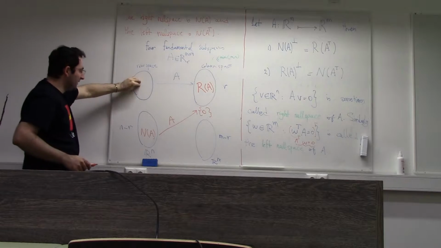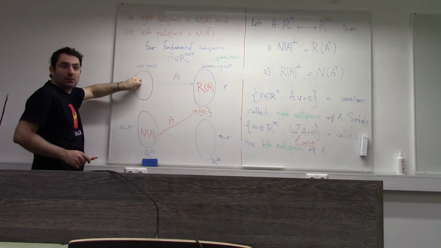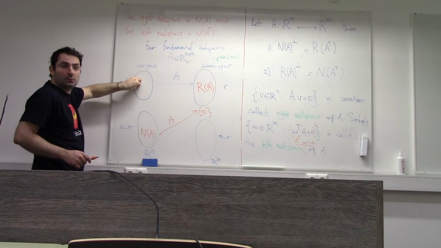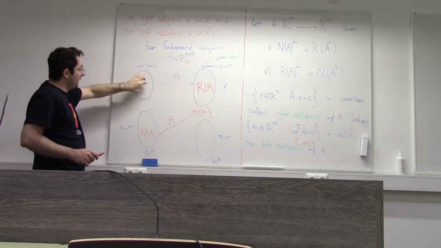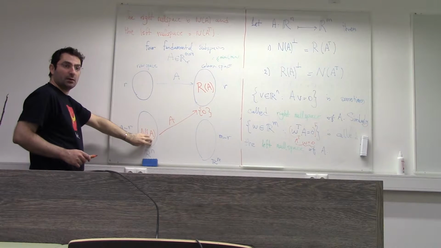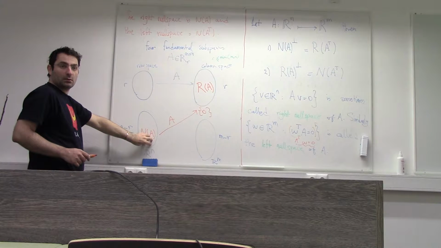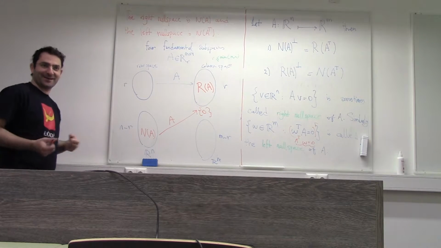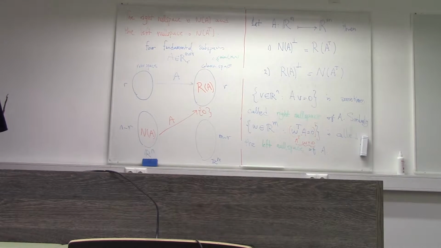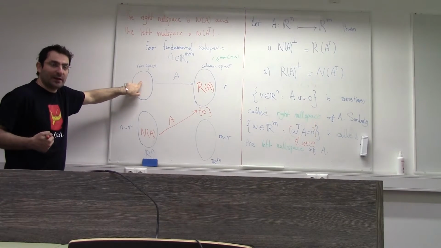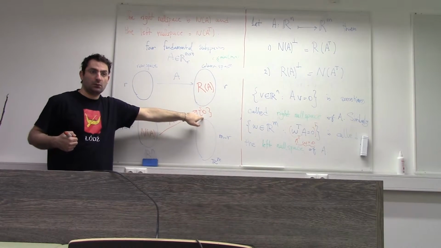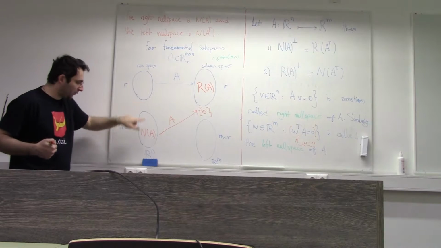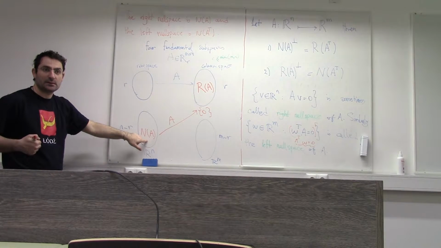If something is in here, can it be in NA? If there is something in here, can it be in here? No, we can see that they are disjoint. If something is in here, it cannot go to 0, because if it wanted to go to 0, it would be in the null space.